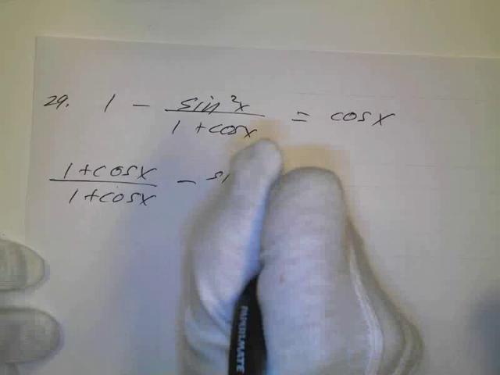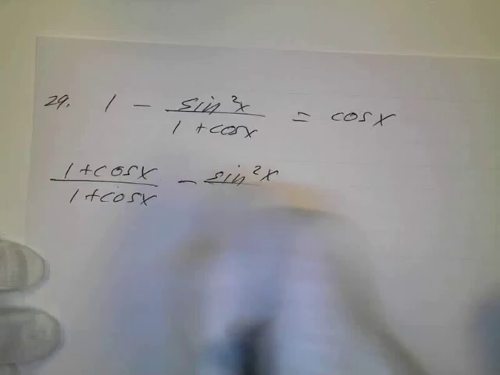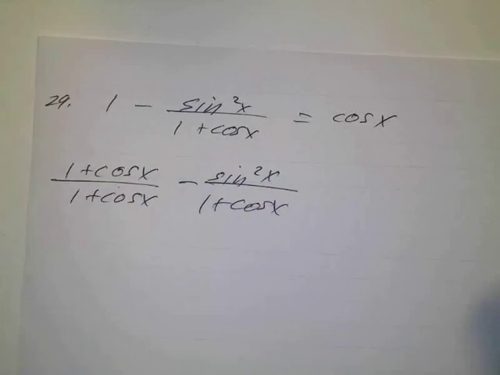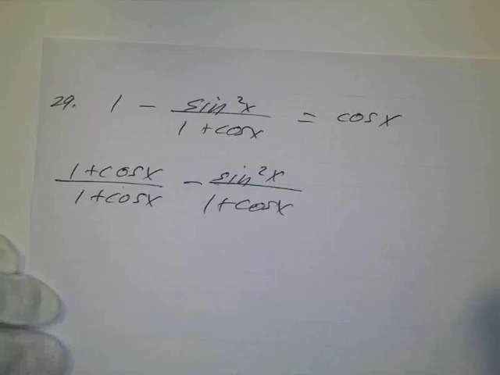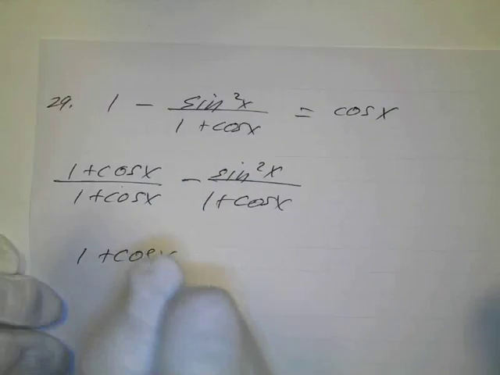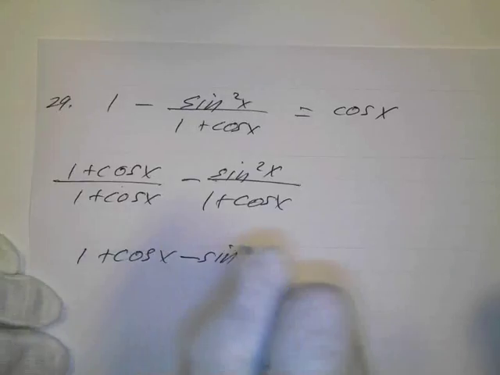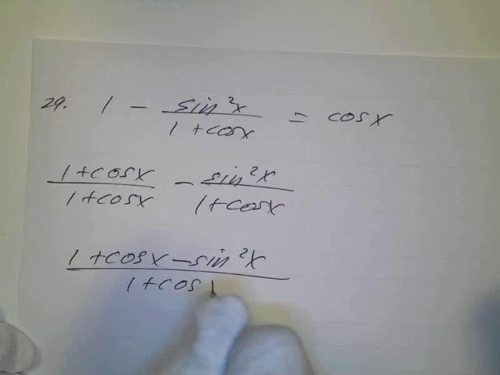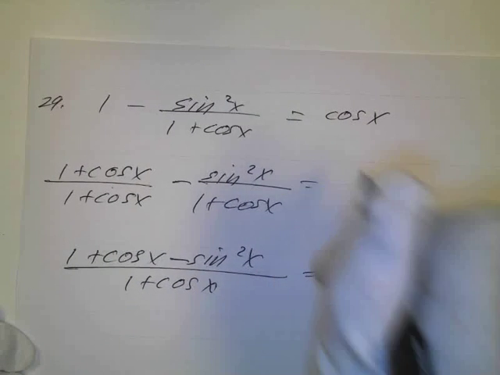And then I have negative sine squared of x all over 1 plus the cosine of x. We'll make this into one fraction: 1 plus the cosine of x minus the sine squared of x all over 1 plus the cosine of x.